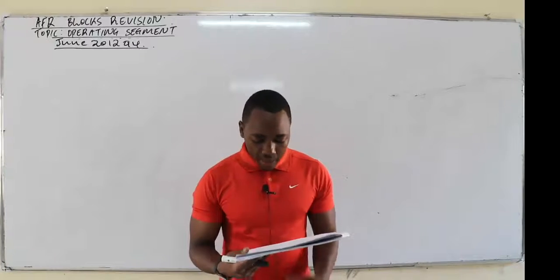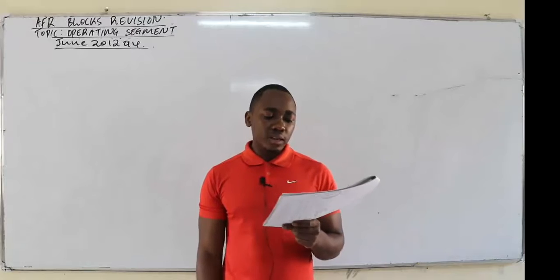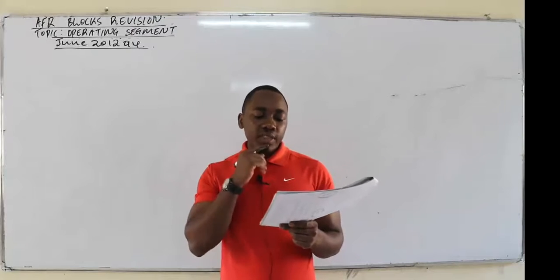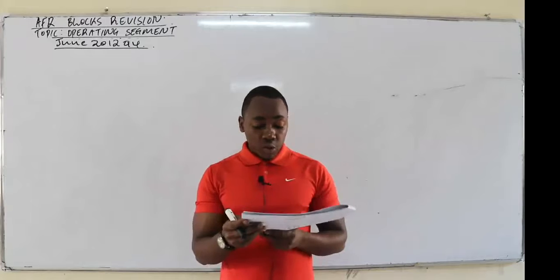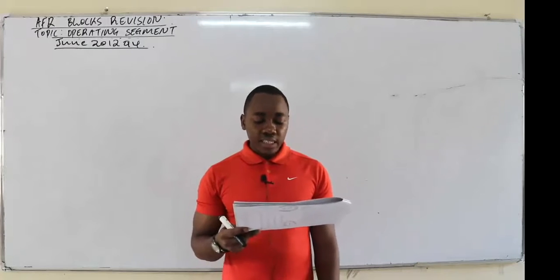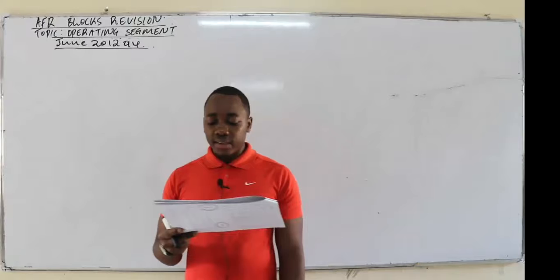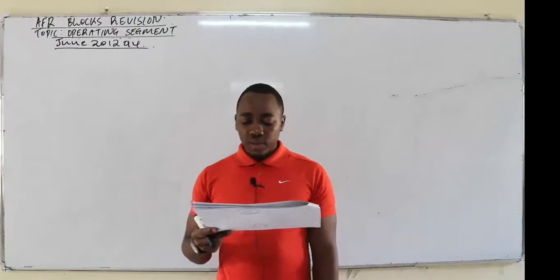Let me now do part C. Part C, I am told that the following information was extracted from the books of Kerenga Limited for the year ended 1st March 2012. So we have the sales, we have the expenses, other items, identifiable assets, and then we have the general assets. Additional information.